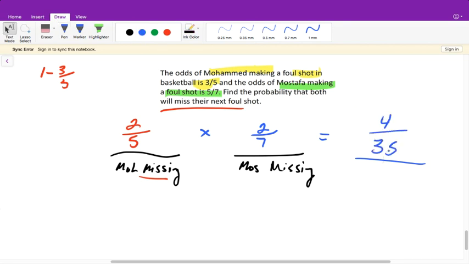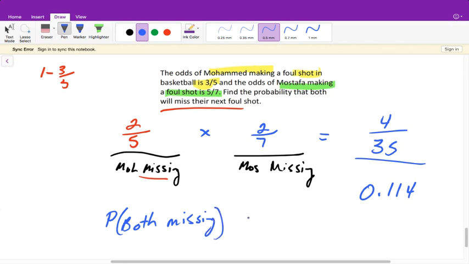And 4 over 35 is equal to 0.114. All right, so then the probability of both missing is equal to 0.114, or 11.4%.